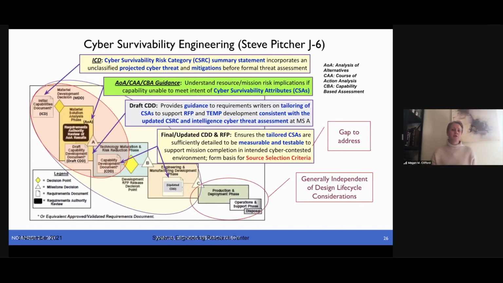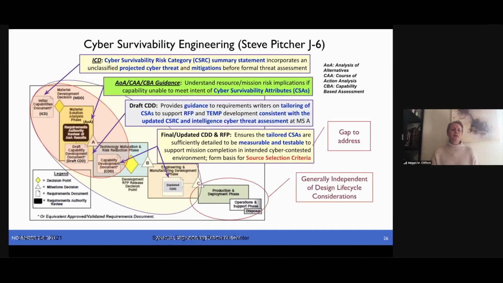And the attributes also support four mandatory pillars of the system survivability key performance parameter. They prevent, mitigate, recover, and adapt. And the CSAs, or cyber survivability attributes, are selected for a system based on its cyber survivability risk category, which you see right there next to the ICD at the top of the slide.